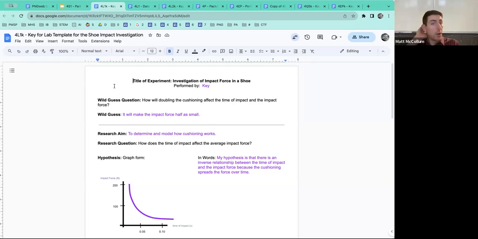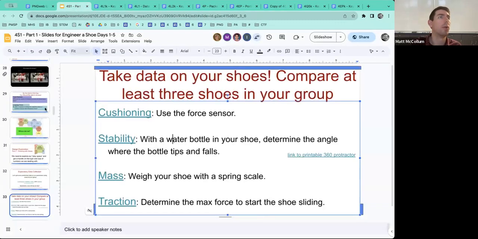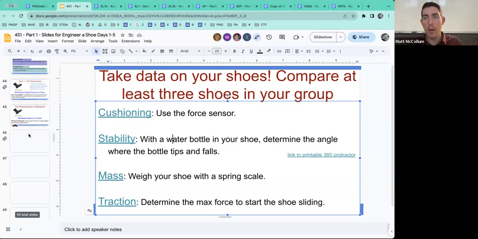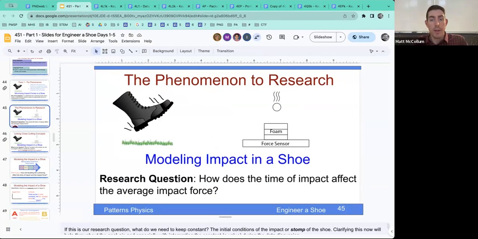Yeah, thanks, Bradford. So, Bradford, if you could go over to the slides, I think I'd actually maybe want to show slide 45. So, thanks. We are looking at, again, analogous systems. So how can we model the impact of a shoe? We need to know more about cushioning so we know what our clients need.